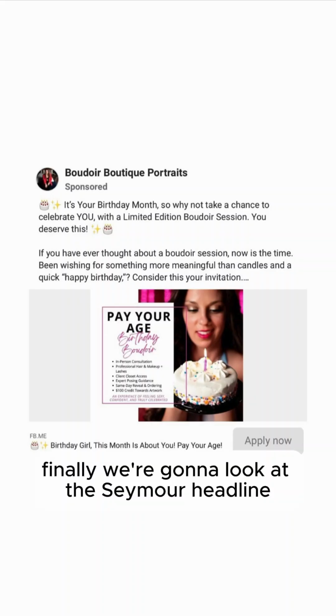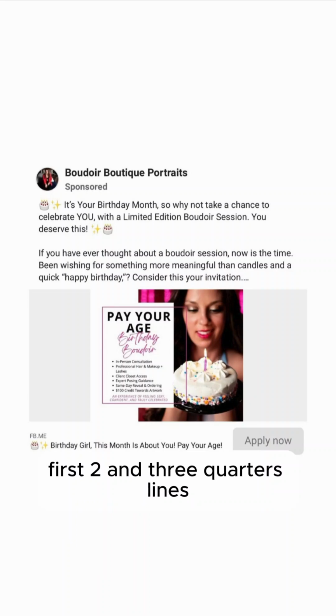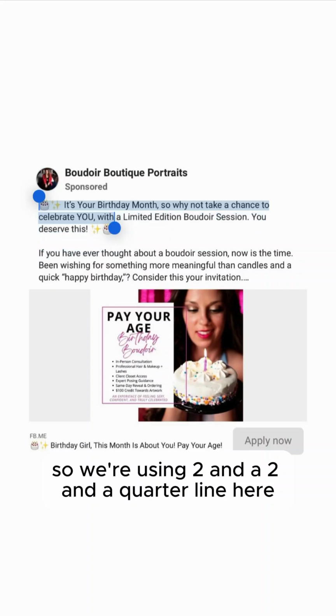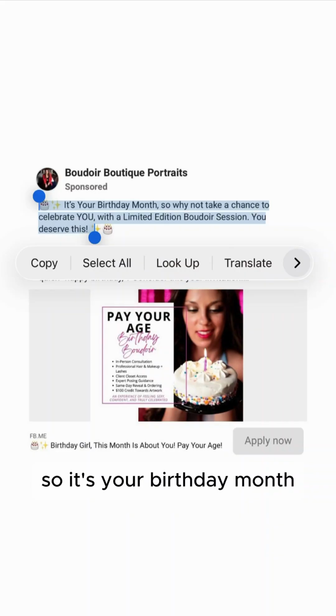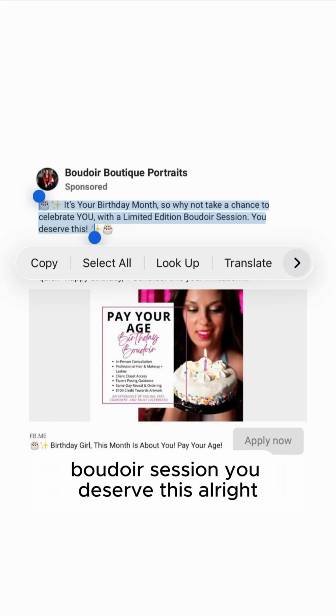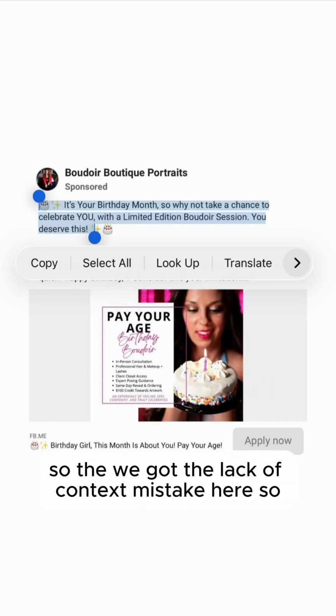Finally, we're going to look at the See More headline, first 2 3/4 lines, Facebook mobile news feed. So we're using 2 1/4 lines here. So it's your birthday month, so why not take a chance to celebrate you with a limited edition Boudoir session? You deserve this. All right, so we got the lack of context mistake here.